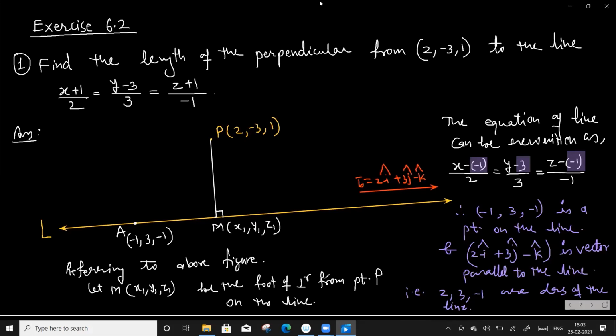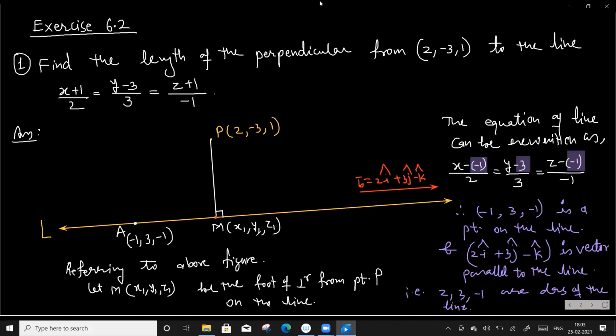Okay. Now see, everybody, I have to find the coordinates of point M. If I could succeed in getting the coordinates of M, if I could find the values of x1, y1, z1, my job is done. Now see, how do I get the coordinates?